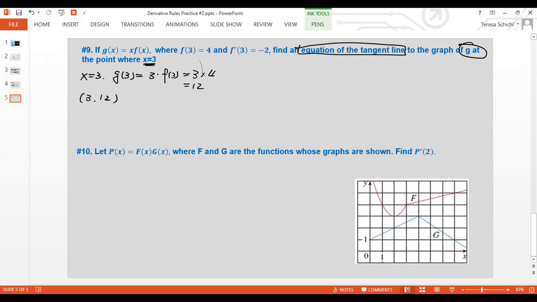So in order to find a line, I need a slope. We did that in the first video. What is the slope? It's a derivative. So let's take a look. g(x) is equal to x times f(x), right? Two functions, x and f.